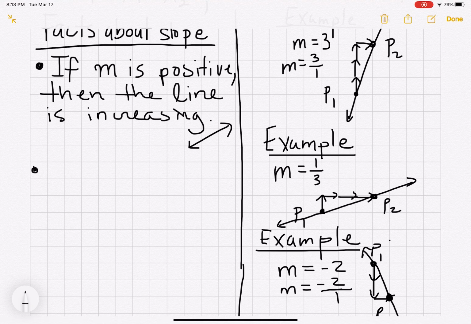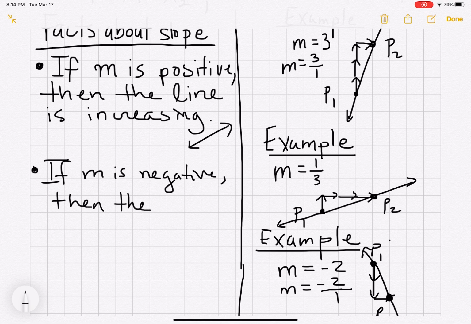If m is negative, then the line is decreasing. So again, decreasing means as you move from left to right, the line's going in a downwards direction.